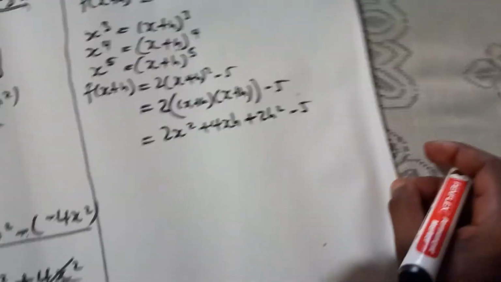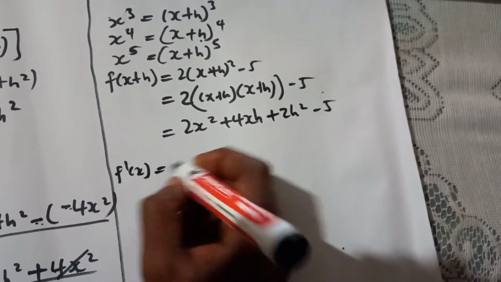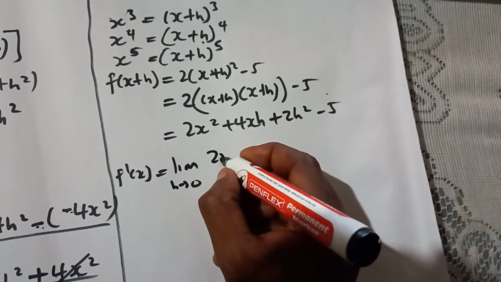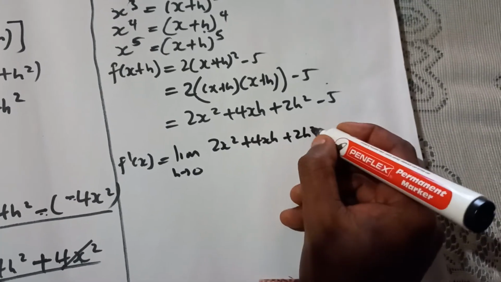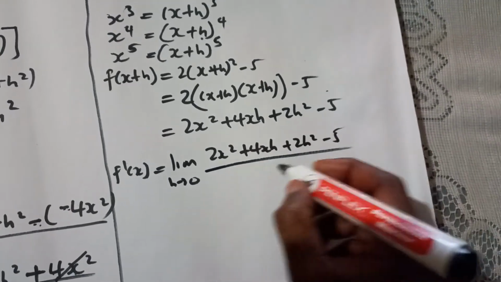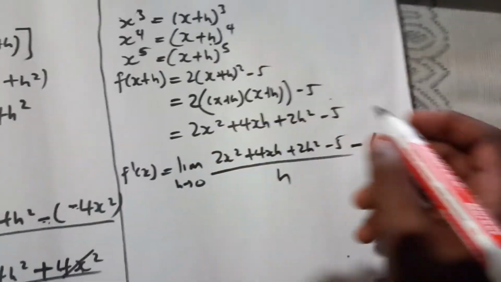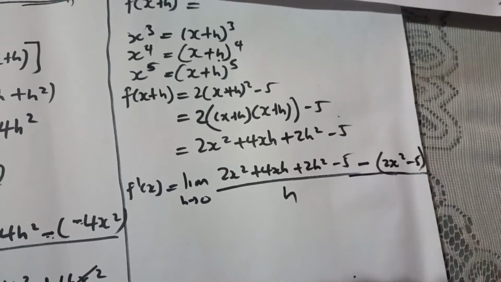So we substitute it into the equation. We get f derivative of x equals the limit as h approaches 0 of 2x squared plus 4xh plus 2h squared minus 5 over h, minus, we shouldn't forget our function, that was 2x squared minus 5.